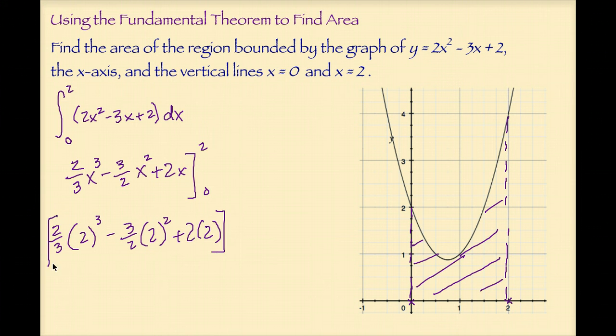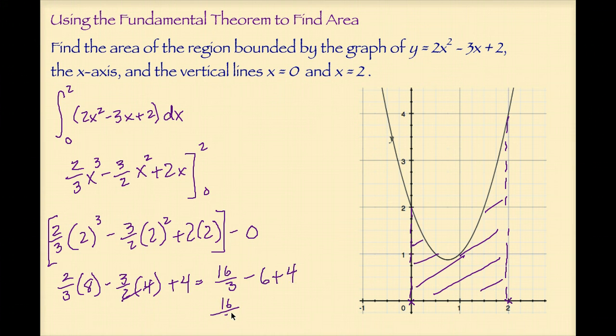And then when we plug in the lower endpoint of integration, since all of our terms have x's in them, this becomes minus 0. It's not going to figure in the final calculation. So this will be 2/3 times 8 minus 3/2 times 4 plus 4, which gives me 16/3 minus 6 plus 4.